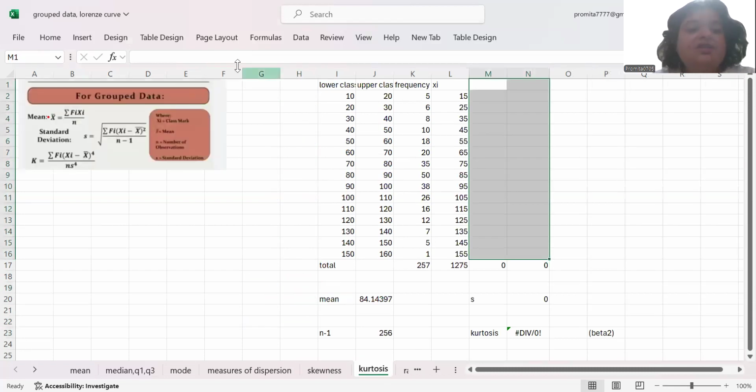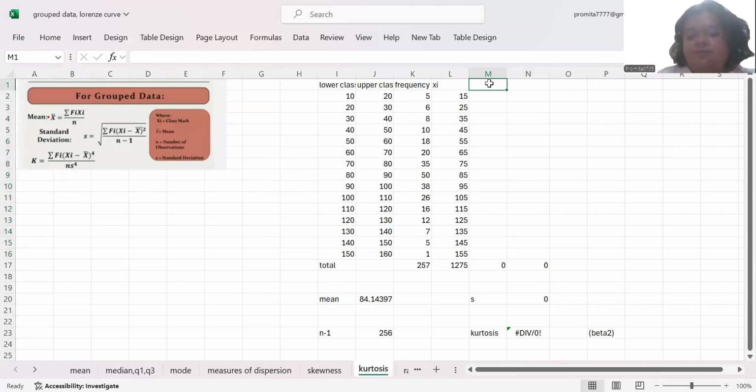And for kurtosis, we can use this formula, that is summation fi xi minus x bar whole to the power 4 divided by n into sample standard deviation to the power 4. So you calculate xi minus mean to the power 4 here.